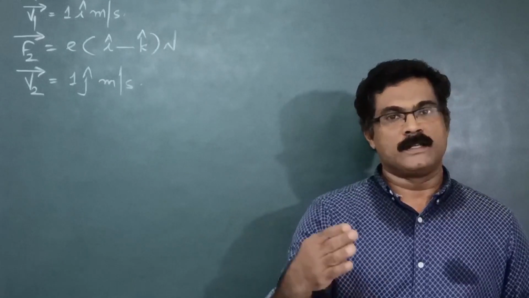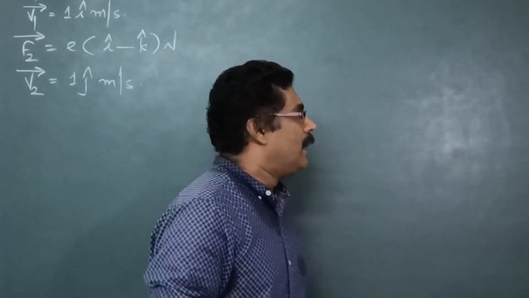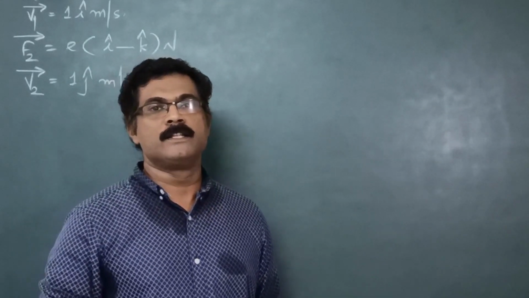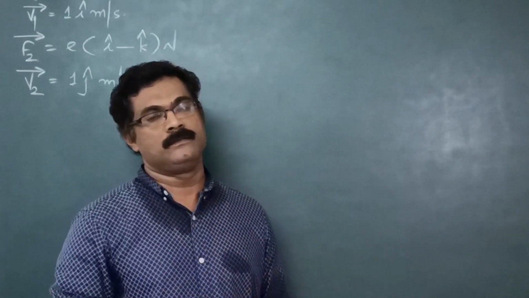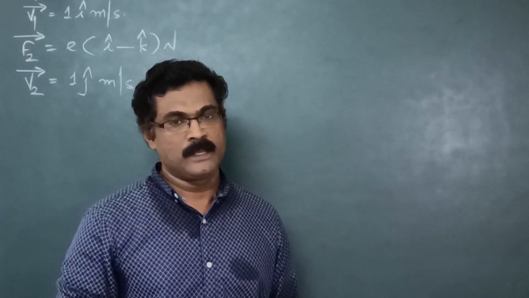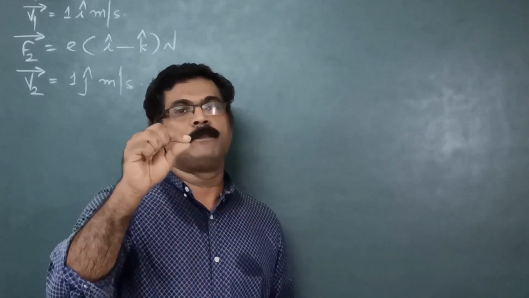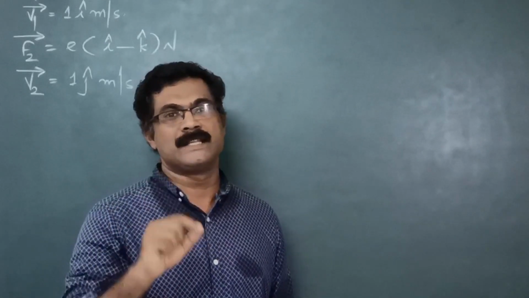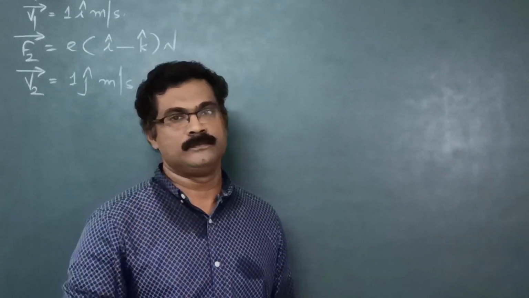Now we can move to the second question. In this question, it is given that a charged particle is moving through a magnetic field, but the magnetic field is not given. The charged particle is a proton and it experiences forces F1 and F2.